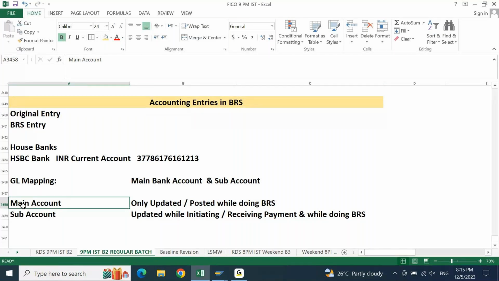One debit, one credit, which will make sure your sub account transaction value will become 0. Since you are posting debit and credit in sub account, sum of debit and credit is equivalent to 0. Transaction value in sub account will become 0 when you reconcile the bank statement. So that is why you have to understand the original entry and BRS entry.